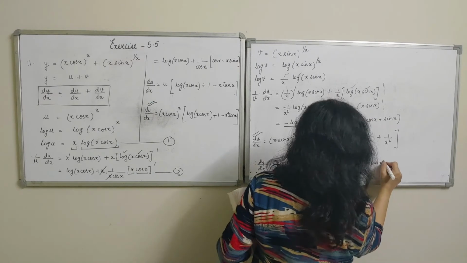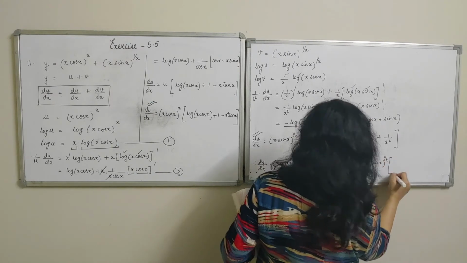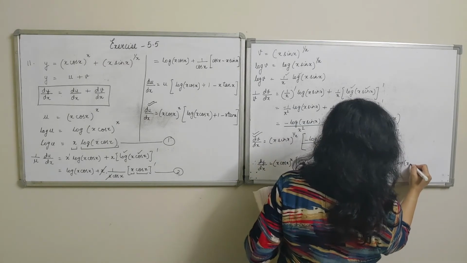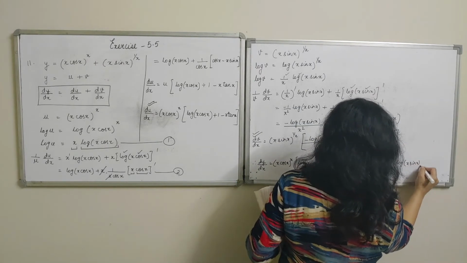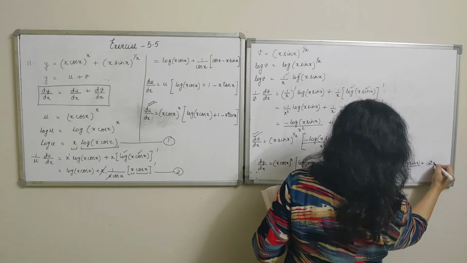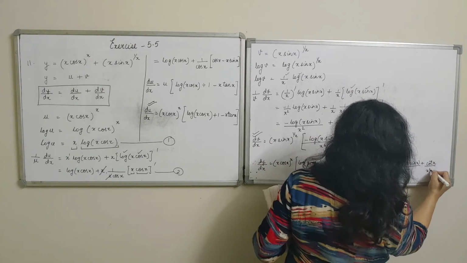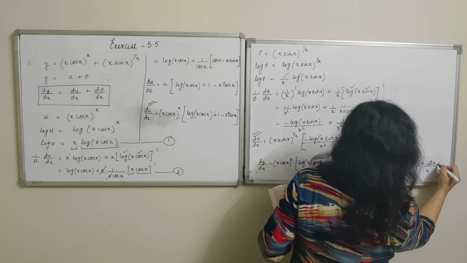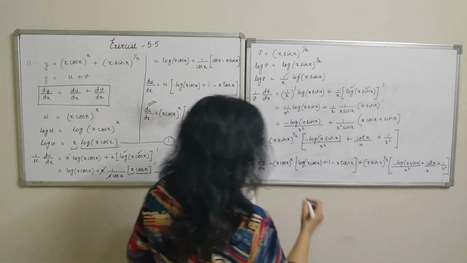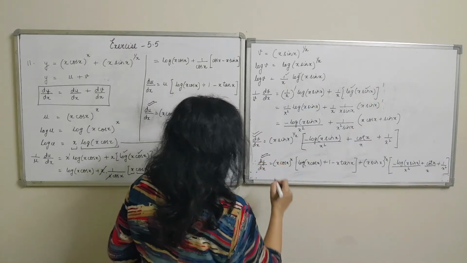So x sin x power 1 by x into minus log x sin x upon x square plus cot x upon x plus 1 by x square. So this way we have obtained dy by dx.